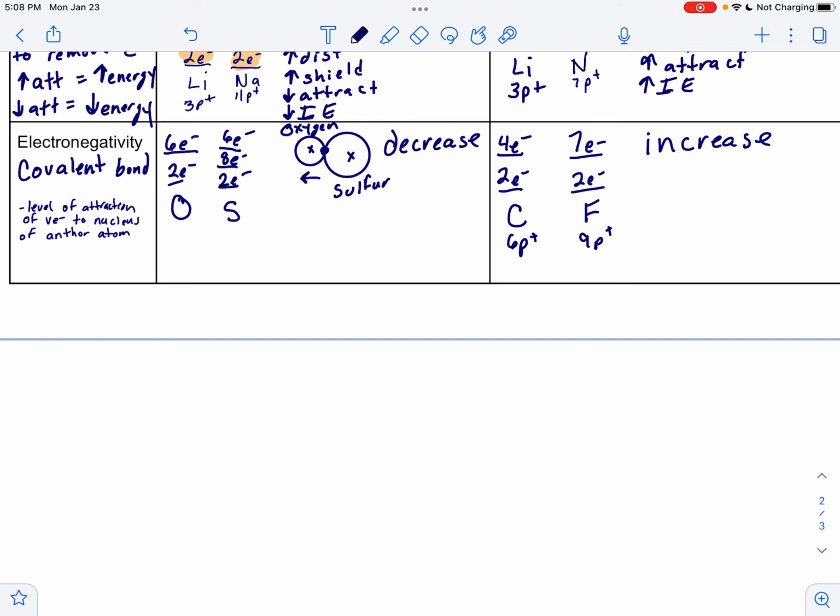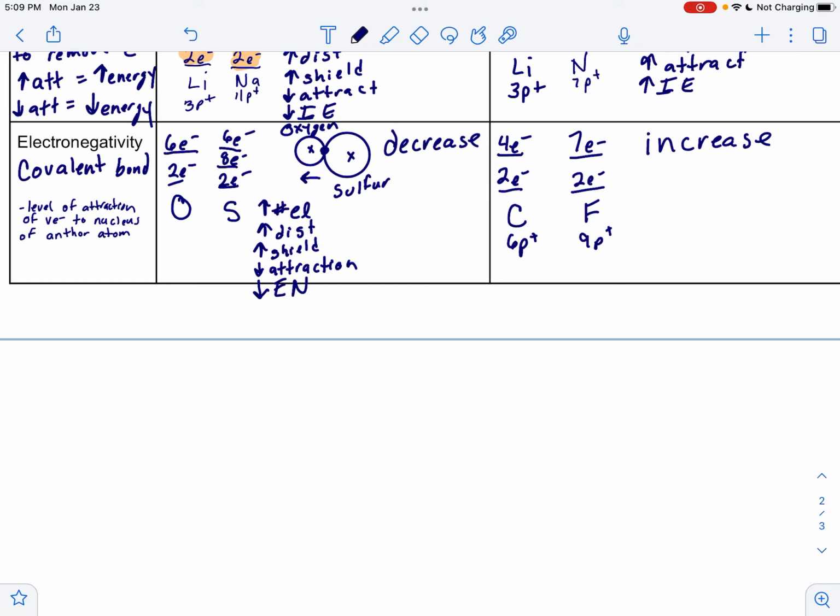For example, as I go down the group between oxygen and sulfur, we have a higher number of energy levels, which means more distance, more shielding, less attraction. And so sulfur is going to have a lower pull on the electron. That's what electronegativity is: the pull on the other atom's electron.